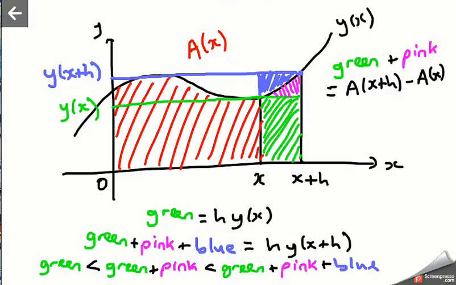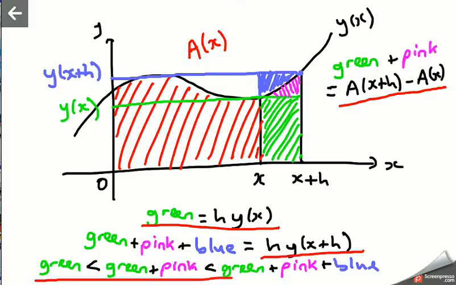Well, we know that the green area is equal to h times y of x. The green plus pink area is equal to A of x plus h minus A of x. And the green plus the pink plus the blue area is equal to h times y of x plus h.